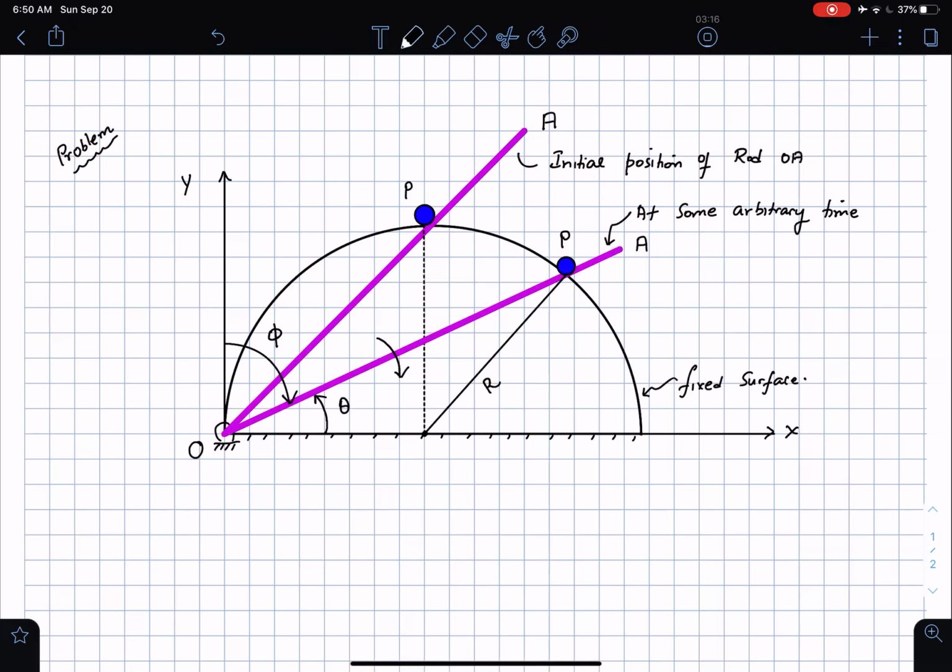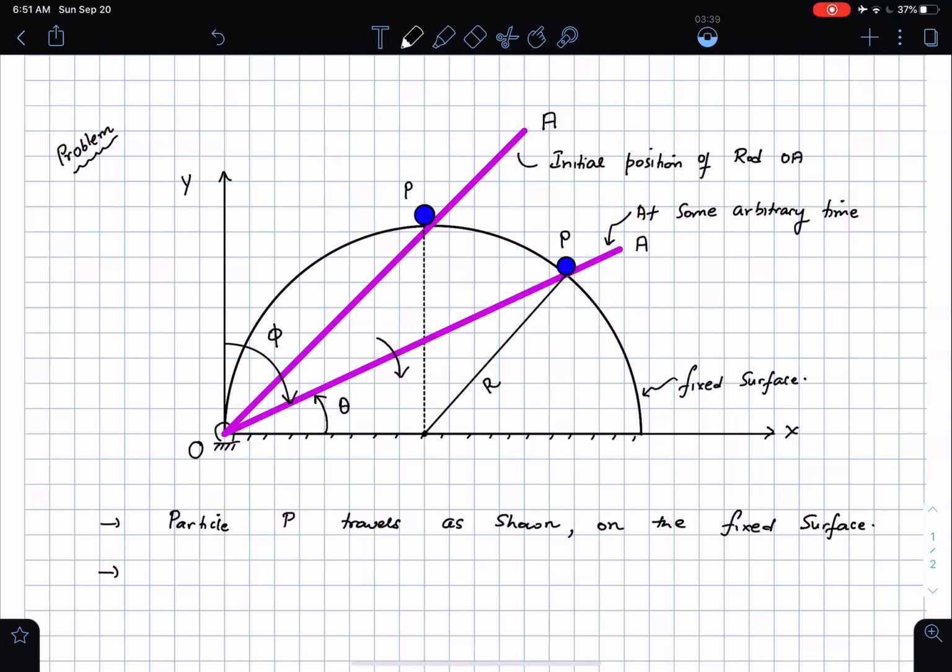The particle P travels as shown on the fixed surface.